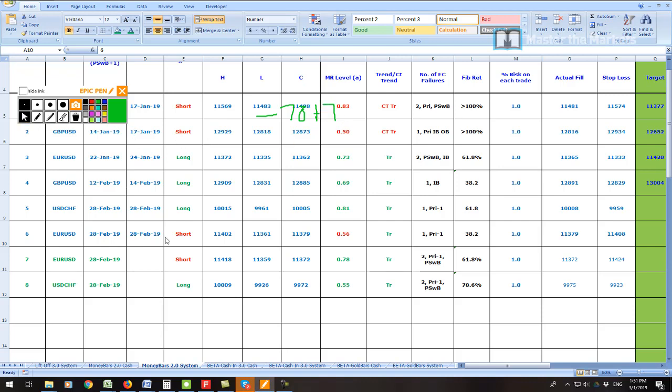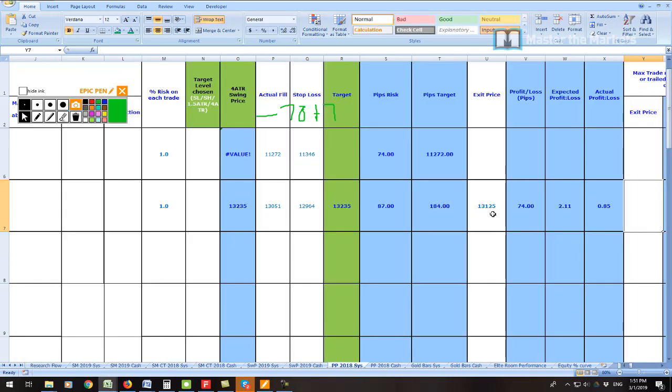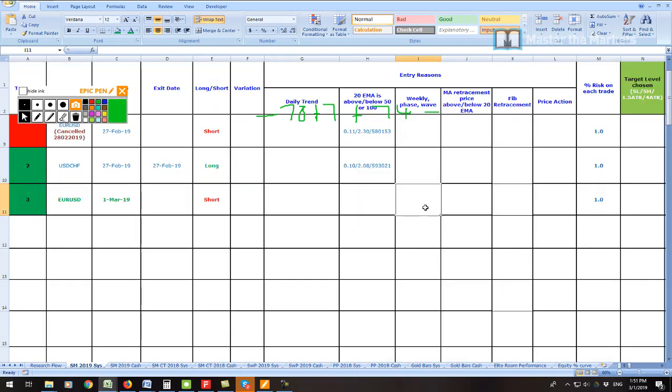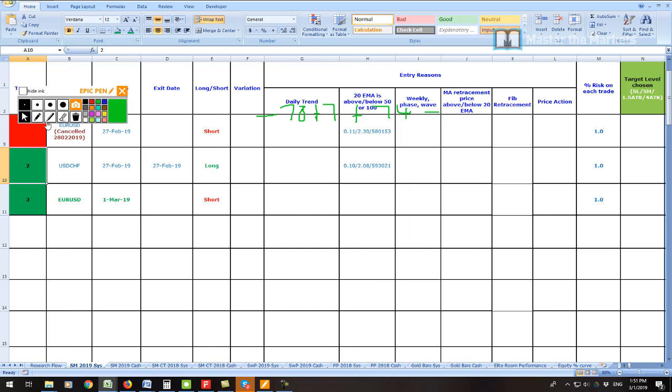And then in the elite one, we have plus 74. And then the smart money trade, what was that about? About -47, wasn't it? So -47 is what we got over there.